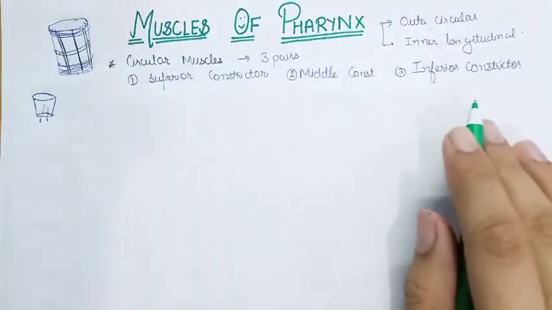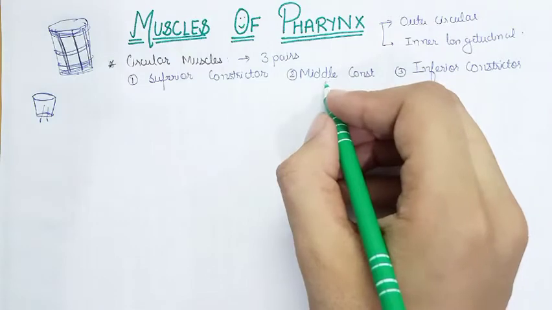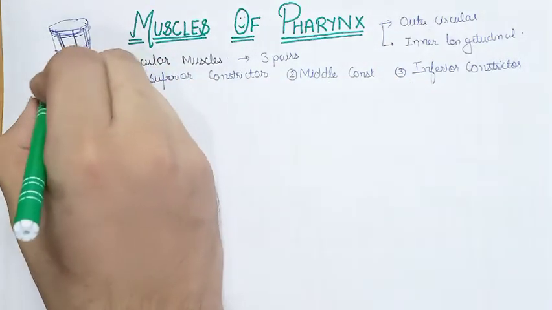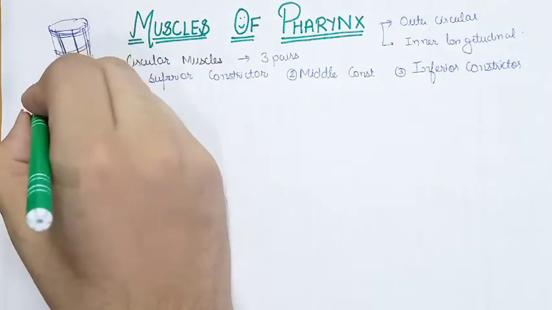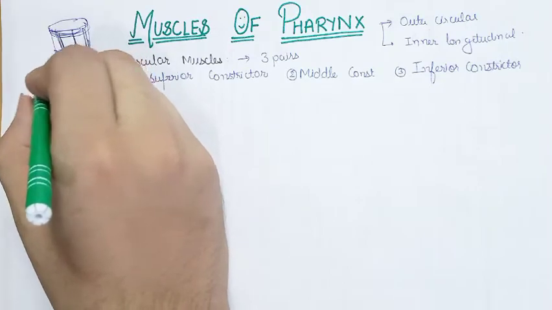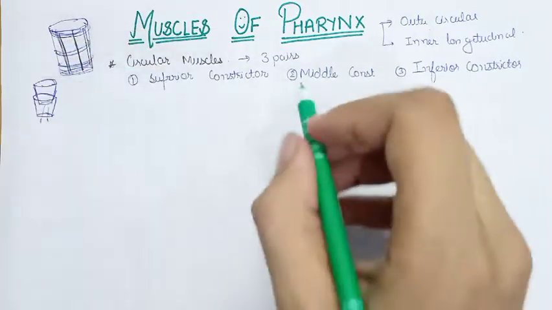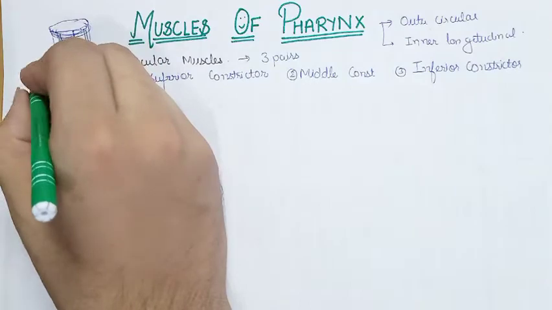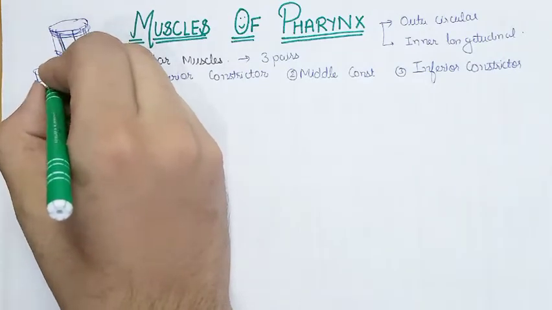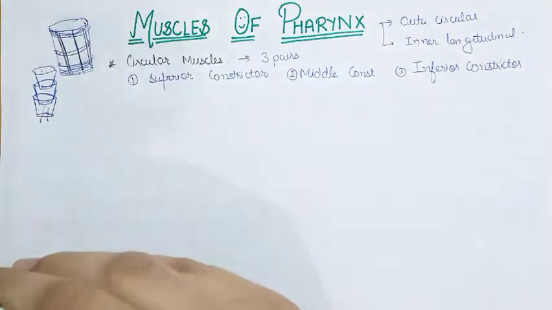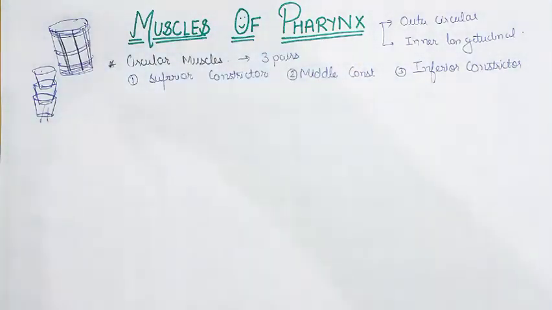So this is the inferior constrictor. Then how is the middle constrictor placed? It is placed above it, and the inferior overlaps the middle constrictor, and the superior is inside the middle one. So they are like flower pots without the bottom, placed one above the other.